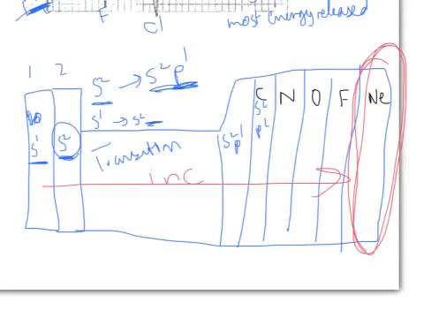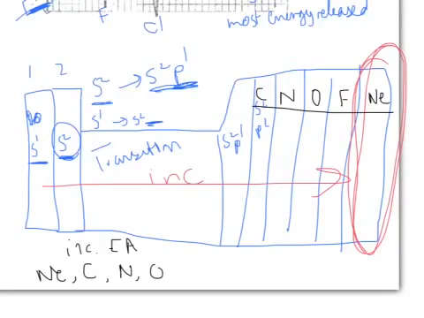So let's say that I tell you, please rank these elements in order of increasing electron affinity. The correct ranking would be neon, then carbon, then nitrogen, then oxygen, then fluorine.